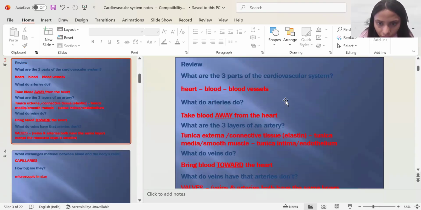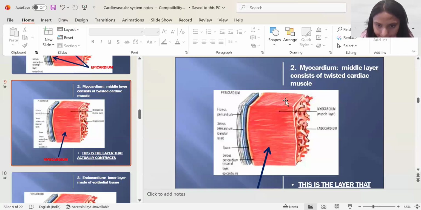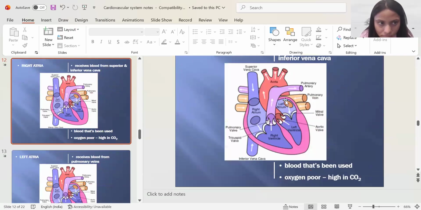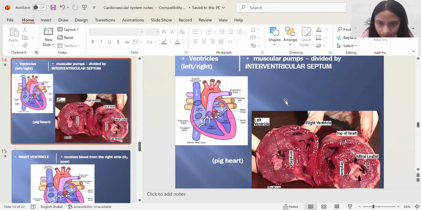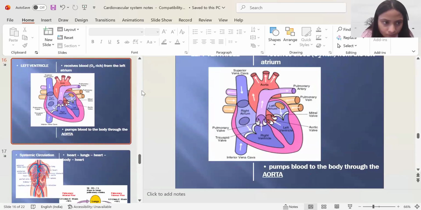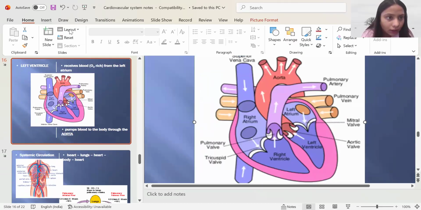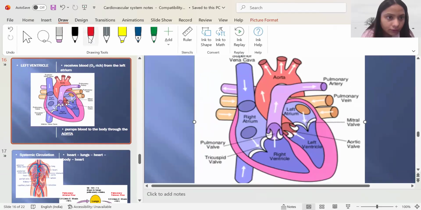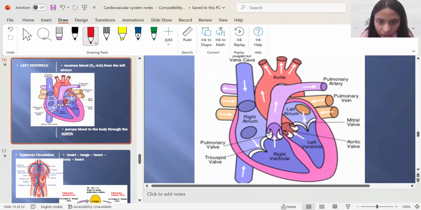Where is our beautiful heart? Okay, so this is the heart, an animated photo of the heart. Look at this. This is the right atrium.